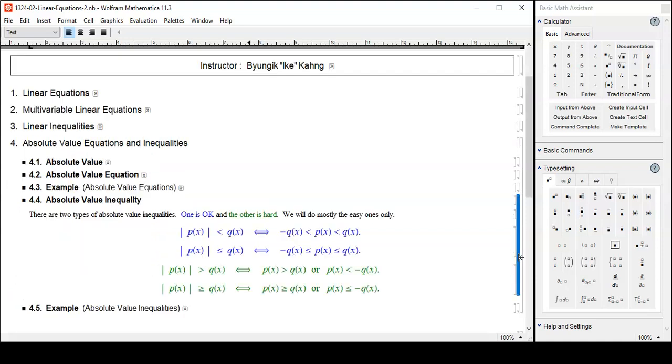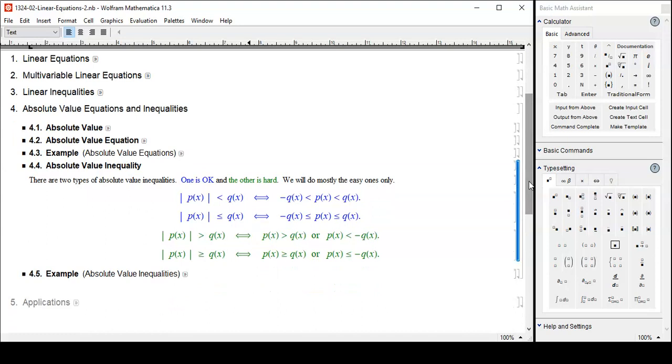Now let's go to absolute value inequality. We can consider two types of absolute value inequality. In this course, we're going to do only the first type, the blue type. If the absolute value is less than something, then we end up with a double inequality between negative q and positive q.